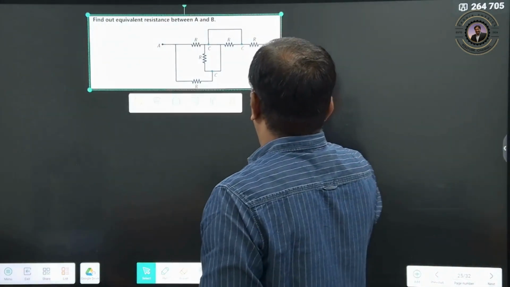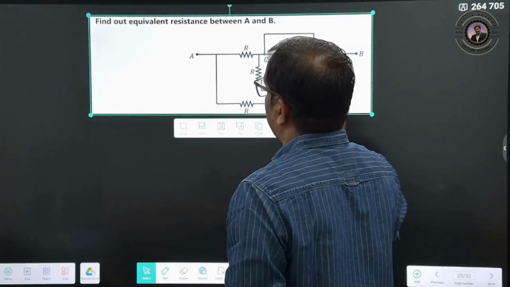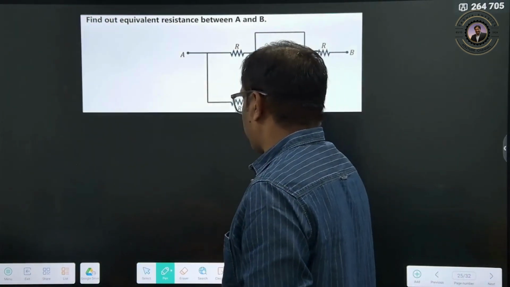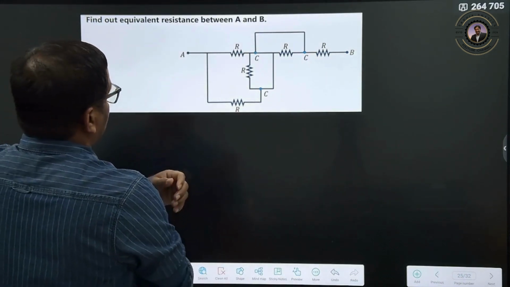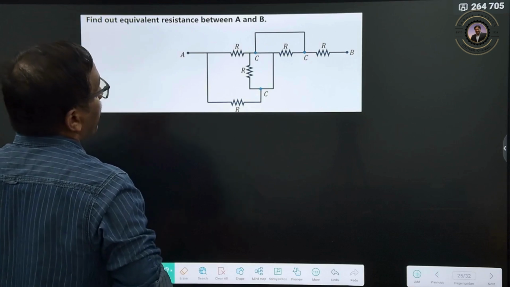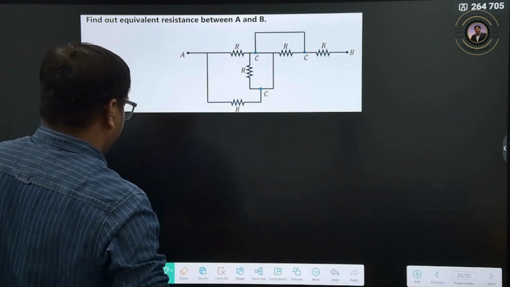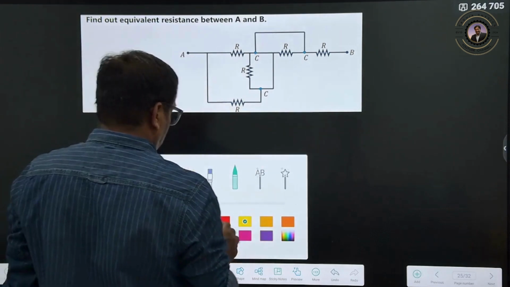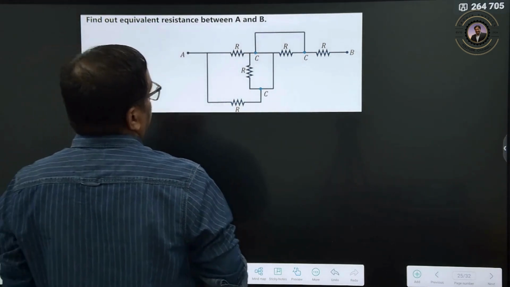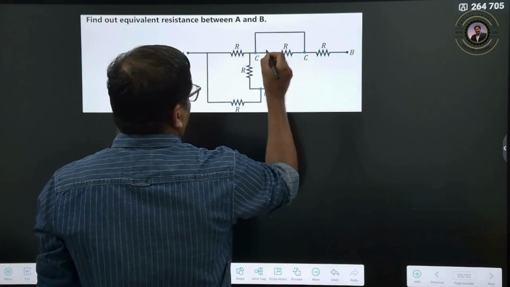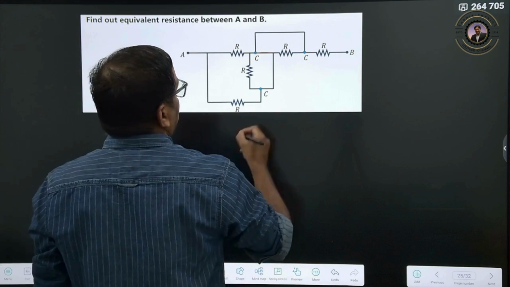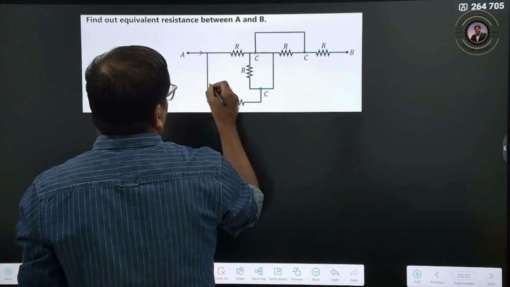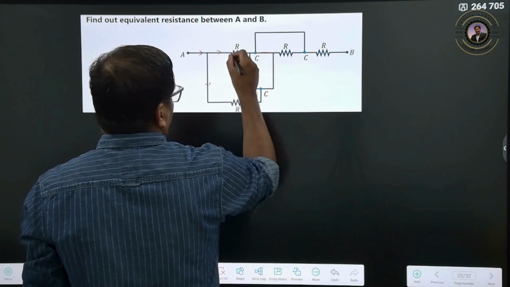So here, find the equivalent resistance between A and B. Try to observe. This part is nothing but a simple circuit wire. So the current will come and go to here, and comes to here.